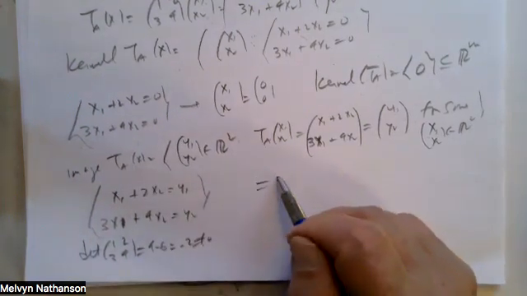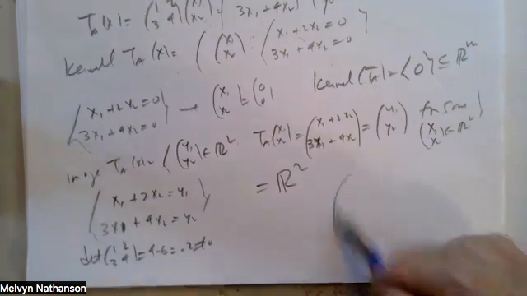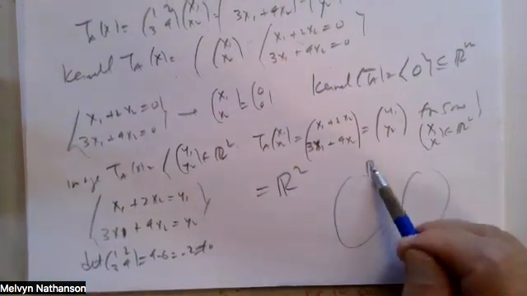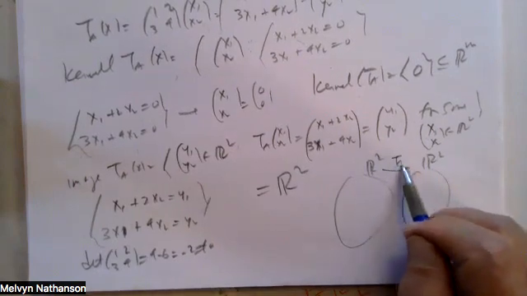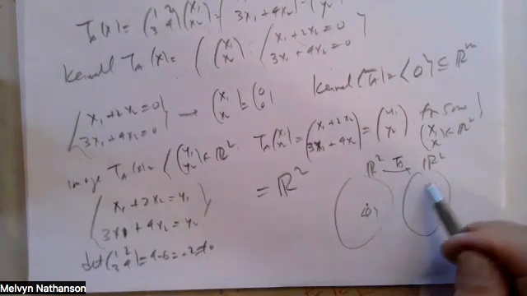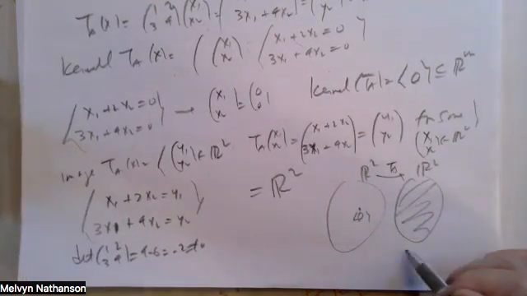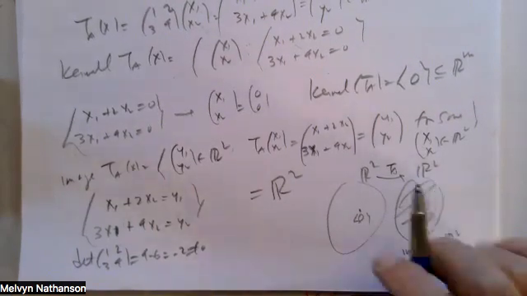So this image is, in fact, all of R2. So in this case, where we have R2 going to R2, the kernel is just the 0 vector, and the image is all of R2.